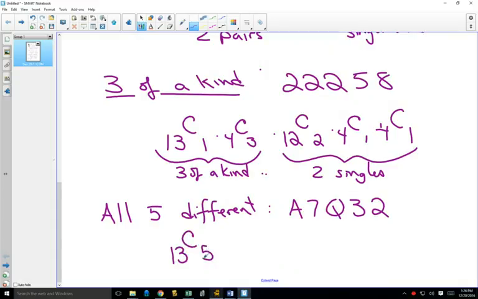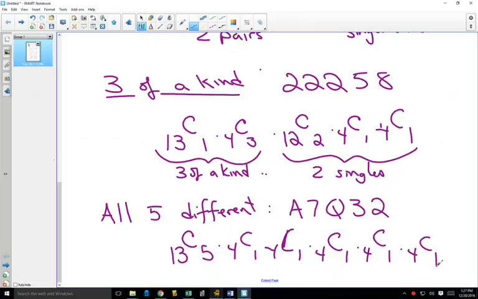They're all same size, so you have to choose all 5 numbers at the same time. And then 4 choose 1, 4 choose 1, 4 choose 1, 4 choose 1, and 4 choose 1.